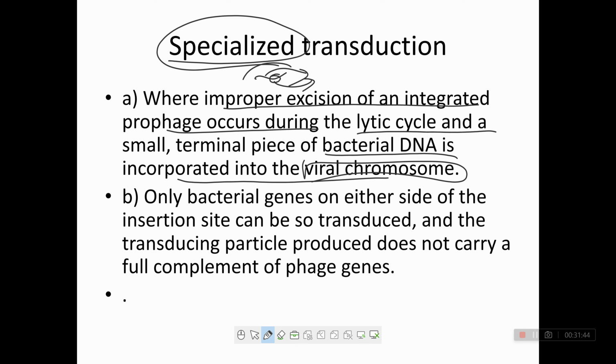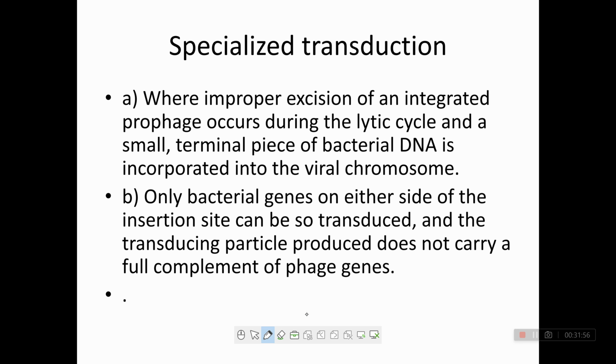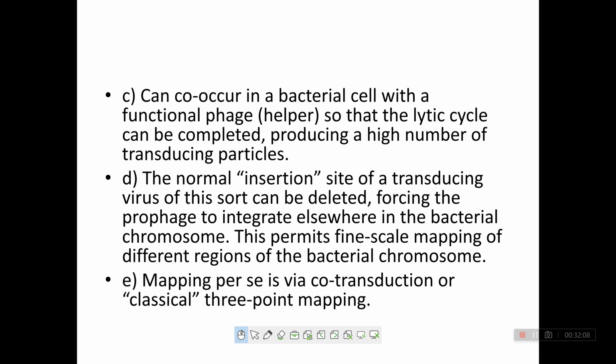Means they do not contain the full DNA. Only a small segment of the DNA will be transferred in specialized transduction. Remember this: in generalized transduction, any piece of the DNA can be transferred into the recipient cell, but in specialized transduction, only a small segment will be transferred.